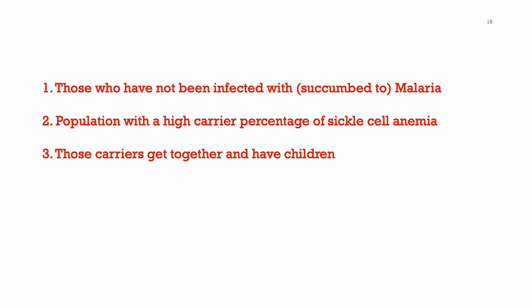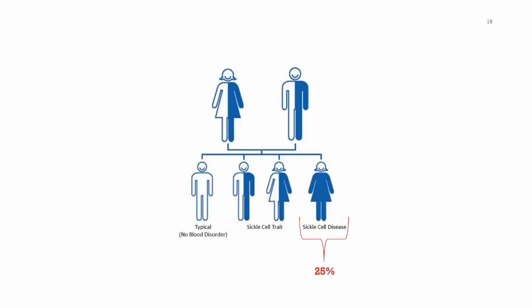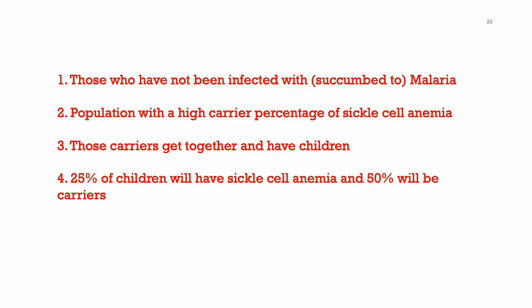Those carriers get together and have children, of which 25% have 2 copies of the gene and therefore develop sickle cell anemia, and 50% that have 1 copy and become carriers. And around we go. People who have survived long enough to have children are likely malaria-resistant sickle cell anemia carriers. This will continue to drive a population of high sickle cell anemia prevalence.